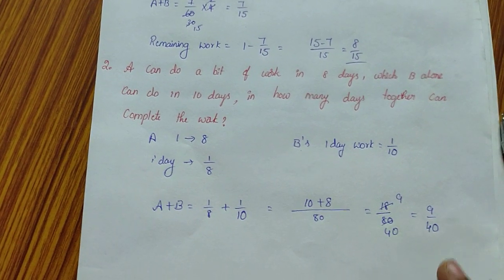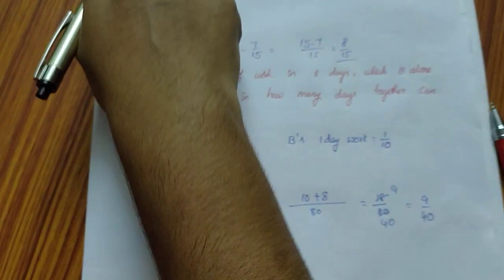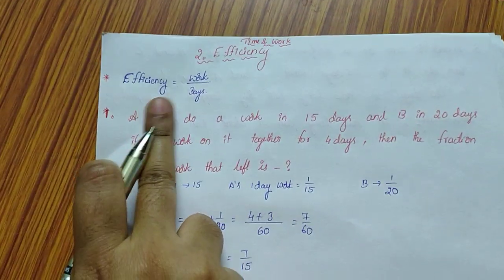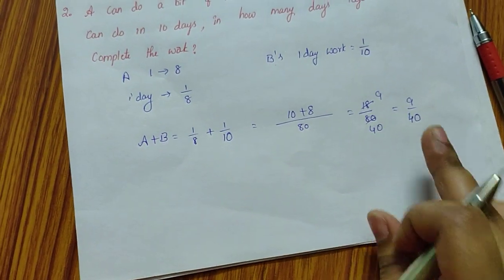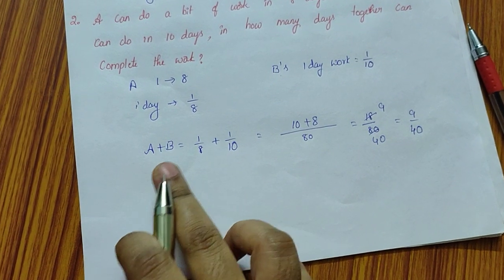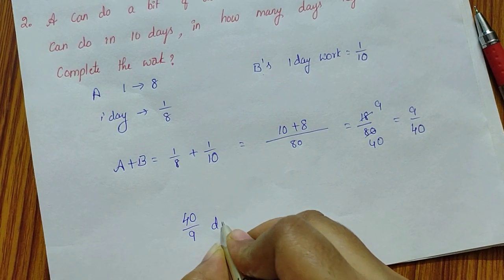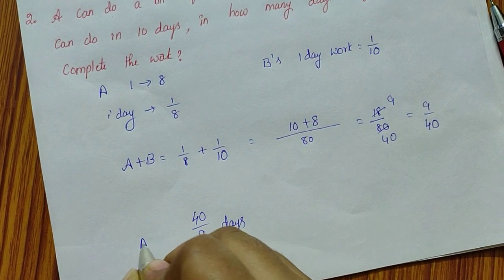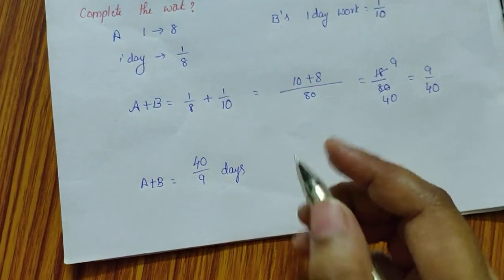So here efficiency is 9 by 40. Efficiency and days are inversely proportional. So the number of days to complete the work together by A and B is 40 by 9 days. So both can complete the work in 40 by 9 days.